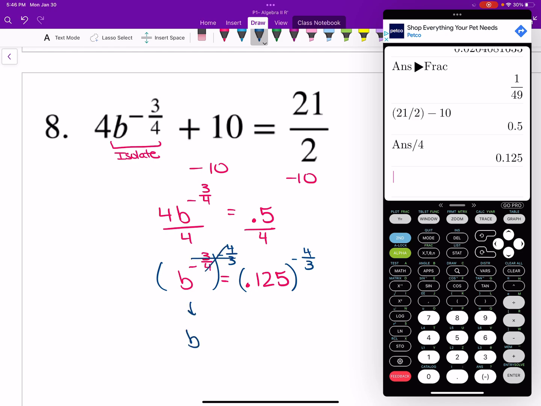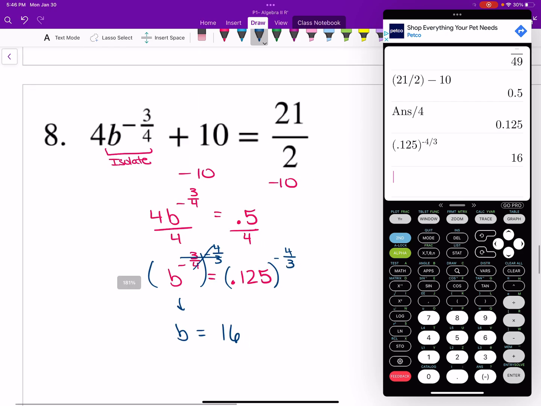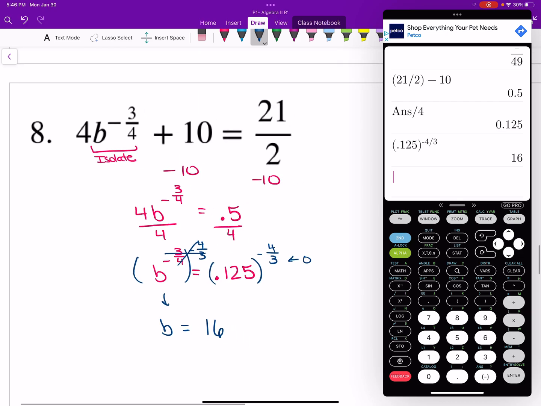They will cancel out on the left. And 0.125 to the negative 4/3 power should come out as a nice 16. Denominator is odd, so no plus minus.